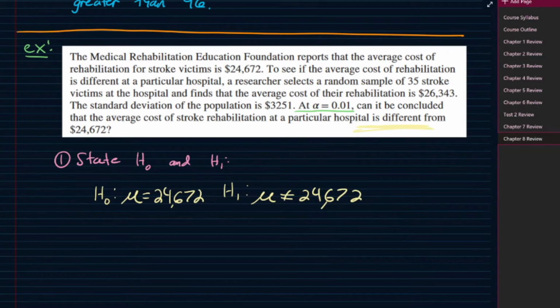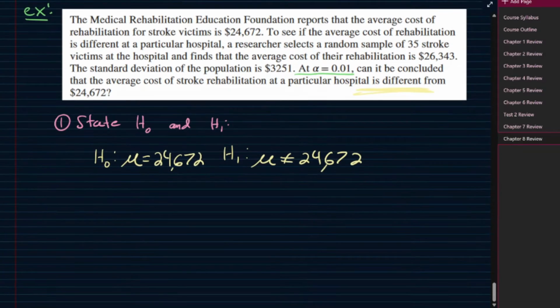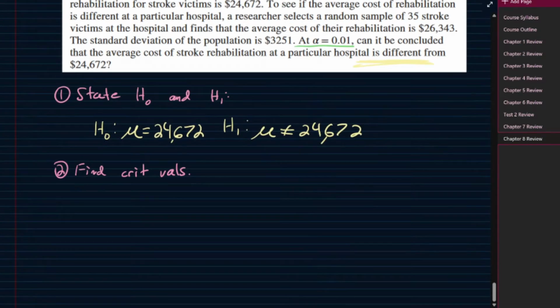Remember, the key phrases are if it's an increase or a greater than, we use a greater than symbol. If it's a decrease or a less than, we use a less than symbol. If we're looking for a change or a difference, we use a not equal to symbol. Here it's asking for, is there a difference? Step 2, find the critical, in this case, values, because it's a two-tailed test.